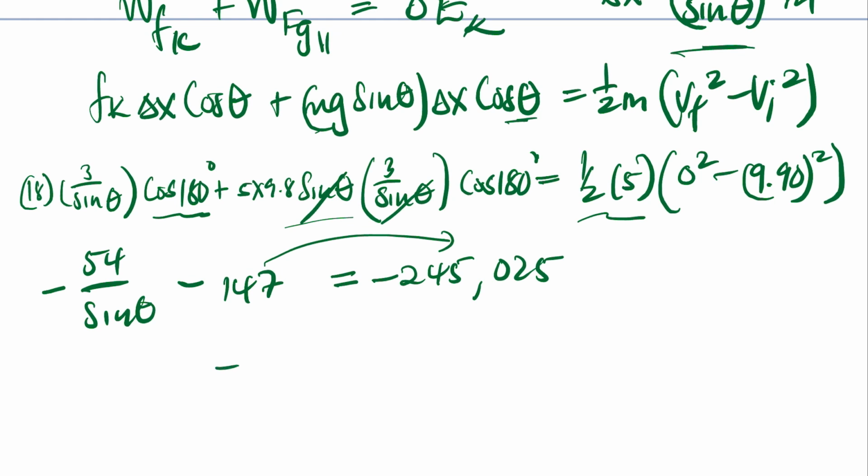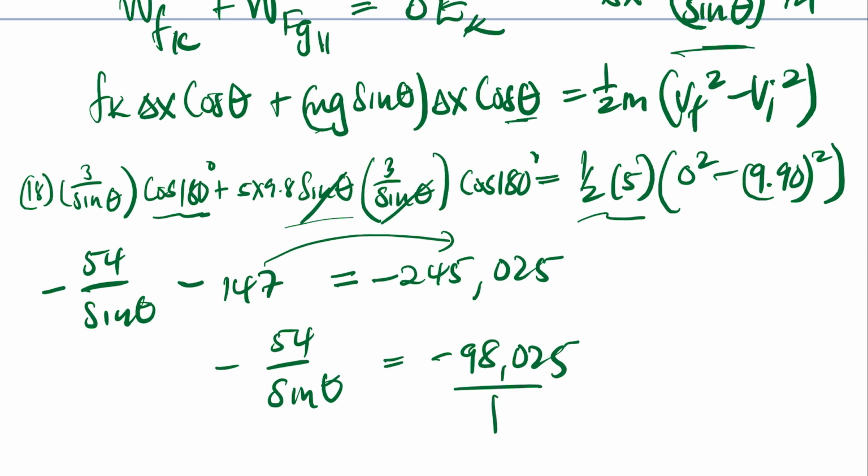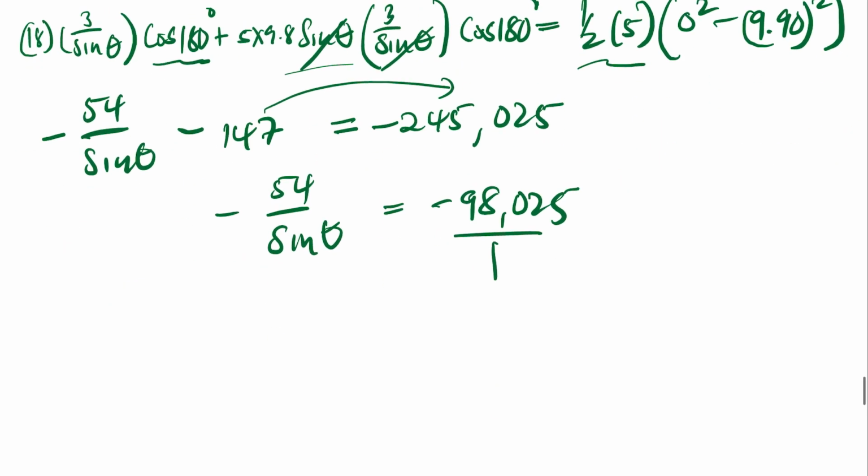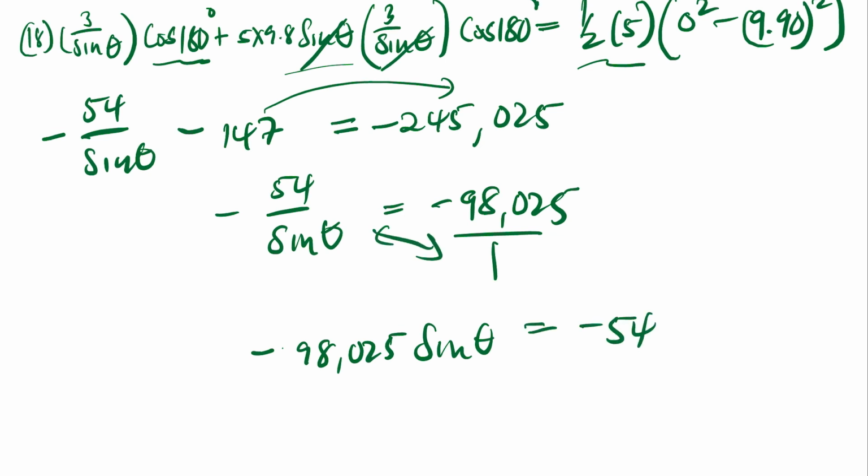So this is going to be negative 54 over sine theta is equal to negative 98.025, and then we cross multiply. So it's going to be 98.025 sine theta equal to negative 54 when I cross multiply there. Hope you get that math.